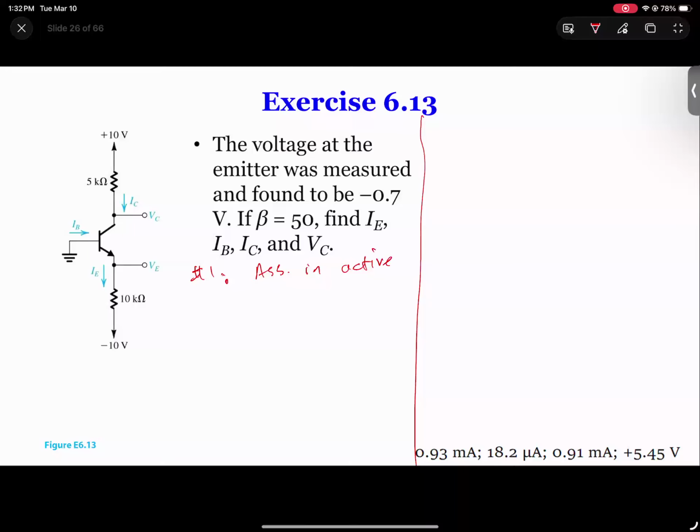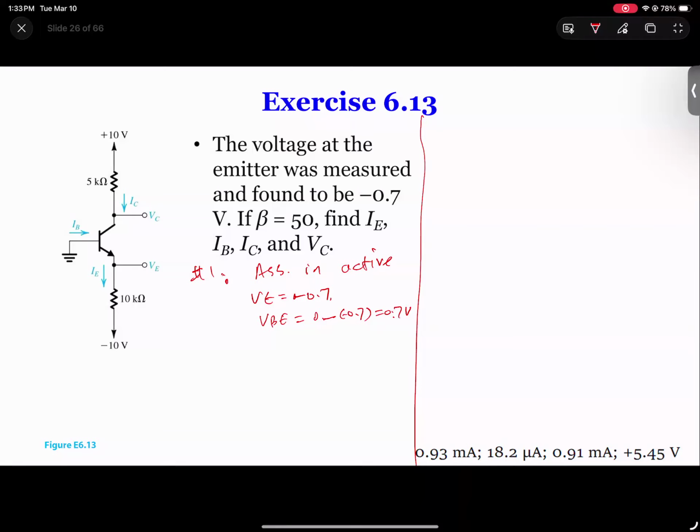If we assume active, it says VE is minus 0.7, which means VBE is 0 minus minus 0.7. So apparently the transistor is in conduction mode.